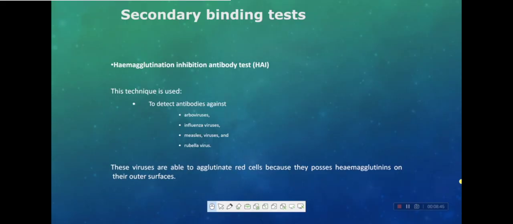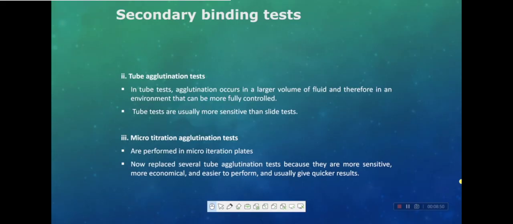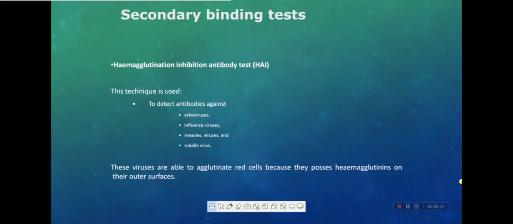The types of micro titration agglutination test are the indirect hemagglutination test, which is also called the IHA, the hemagglutination inhibition antibody test, which is also called the HIA, and the reverse passive hemagglutination test also, right?